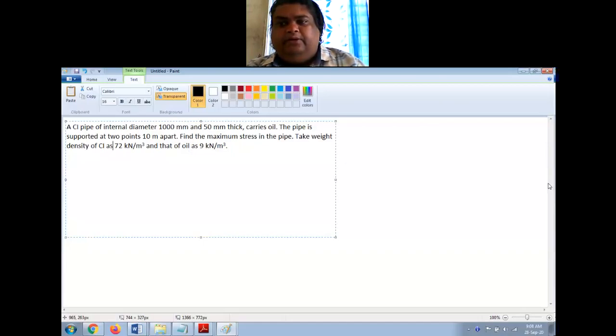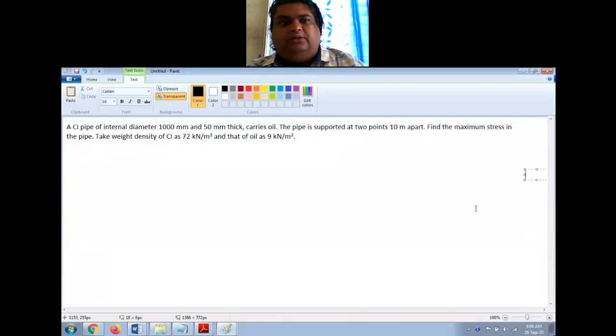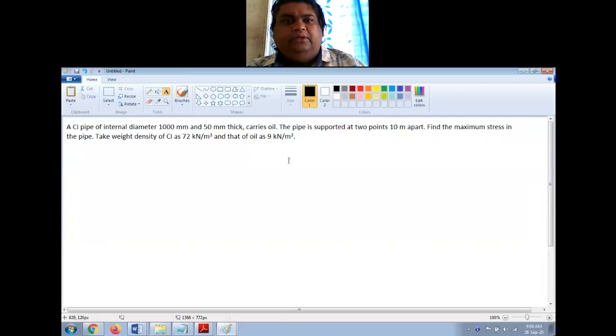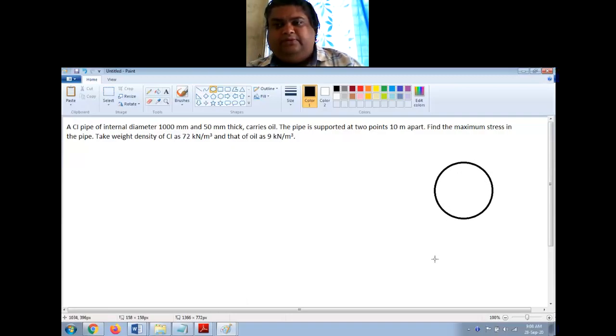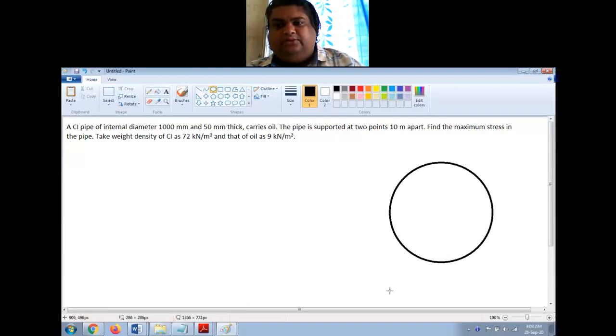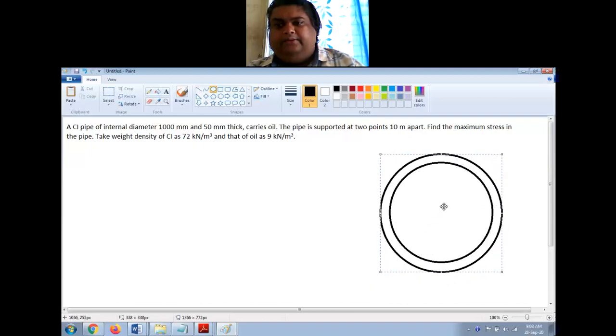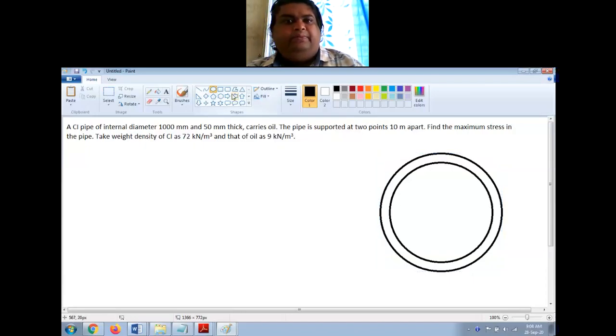Okay. Now let us try to solve this numerical. What I will do is first we'll just try to draw the cross section of the pipe for our reference. So this is the internal diameter of the pipe, and then this is the outer diameter of the pipe.